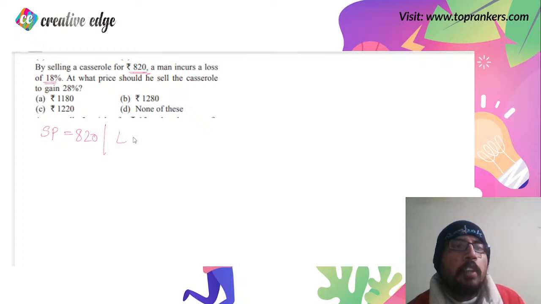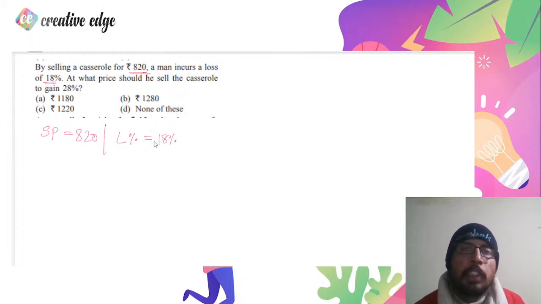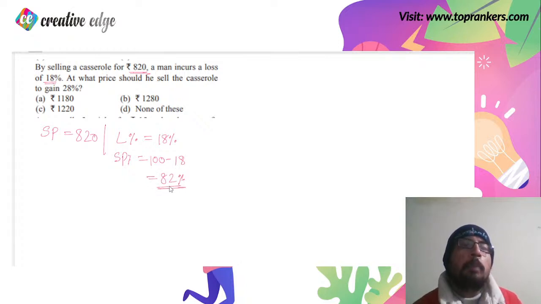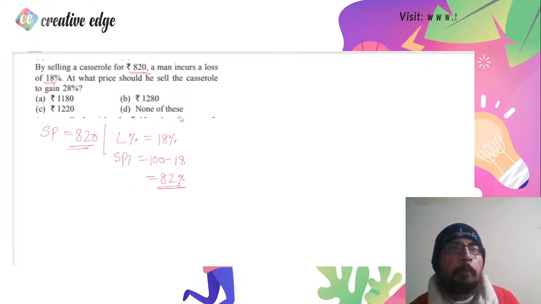You have also been given loss percent is 18. So from here you can implicitly say that your selling price percent is 100 minus 18%, that is 82%. So this selling price percent and actual SP are comparable.